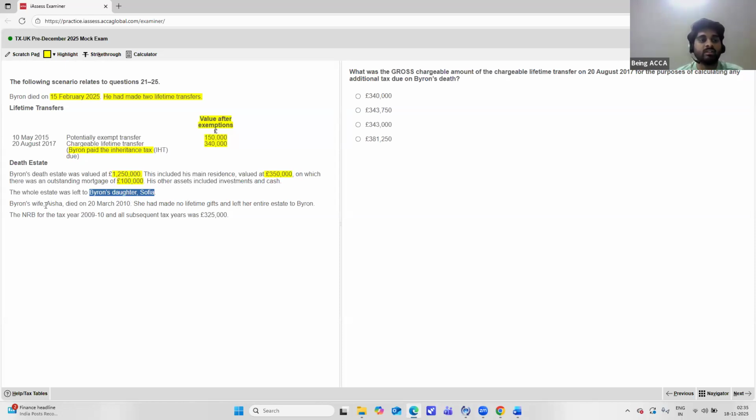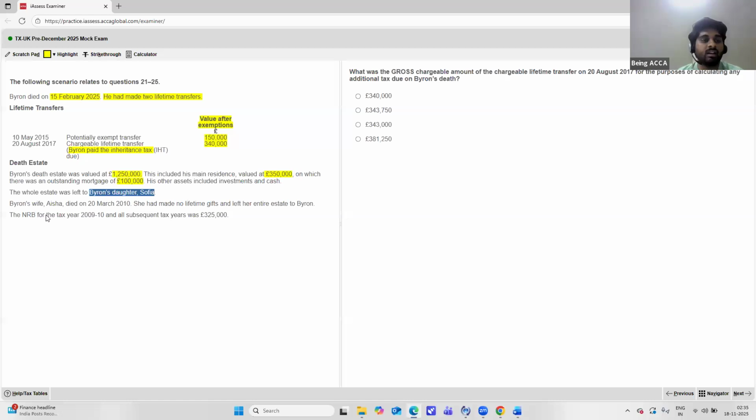Next, we have Brian's wife, Aisha, who died on 20th March 2010. She had made no lifetime gifts and left her entire estate to Brian. Because of that, there would not have been any IHT payable on Aisha's death, because it was being transferred to the spouse. All right.